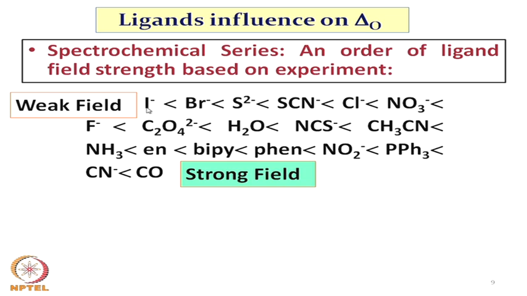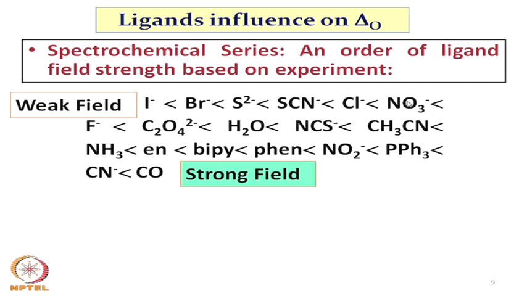So, we can arrange these sequentially from iodide, bromide, chloride, all of which we have just seen in the cobalt compound, and then we have the nitrite coordination, and the acetonitrile coordination. When we arrange iodide, bromide and chloride, in between we have sulphide and thiocyanate also.